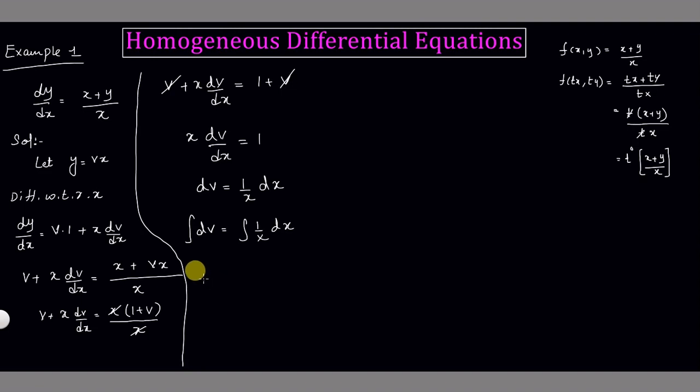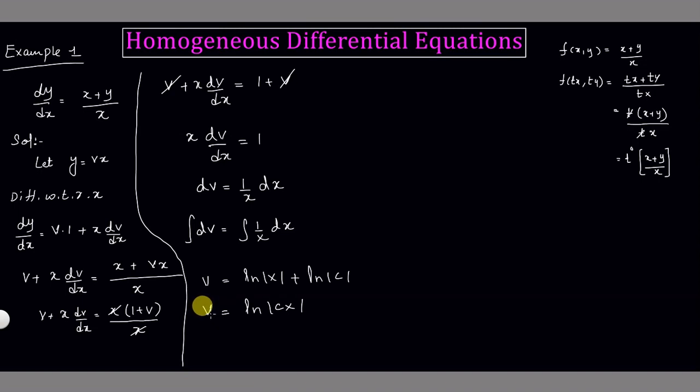The integral of dv will be v, so it will become natural log of x plus, you can use natural log of c or you can use simple c, it's totally up to you, the answer will be the same. So it will become natural log of cx. But this is not the final answer. Actually the final answer should be in the same variables as in the question. The variables are x and y, but here v is involved, so you have to substitute v.